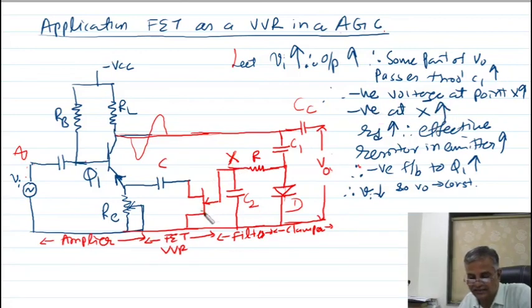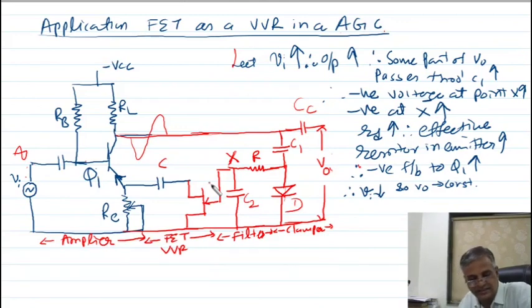As this voltage increases, the resistance offered by this RD increases. So the effective emitter resistor also increases, and the negative feedback increases. So Vi decreases, the output decreases, and the output of the circuit tries to remain at a constant level.